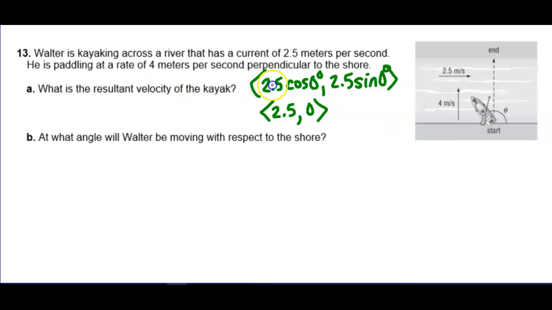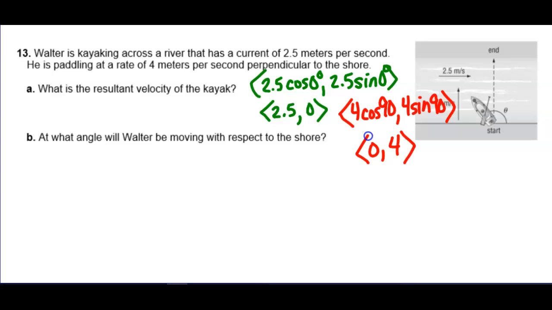Yeah, he's paddling 4 meters perpendicular to the shore. Okay, so he is paddling 4 cosine of 90, 4 sine of 90. So if we type that in, we get 0 and 4.